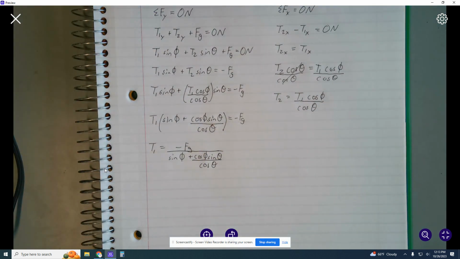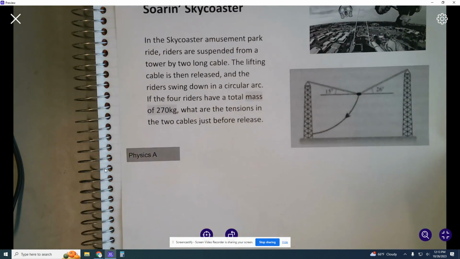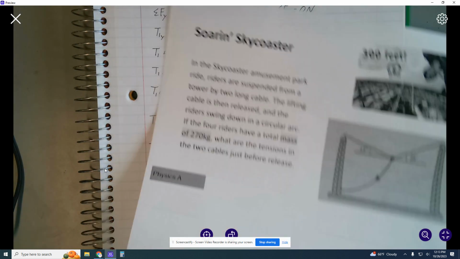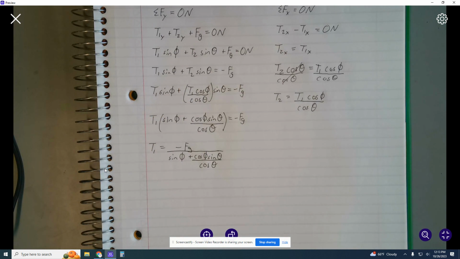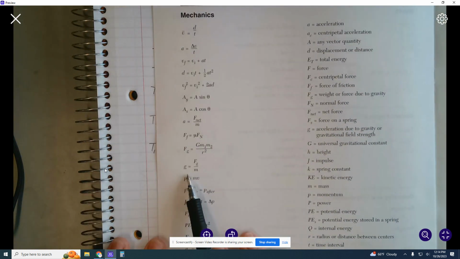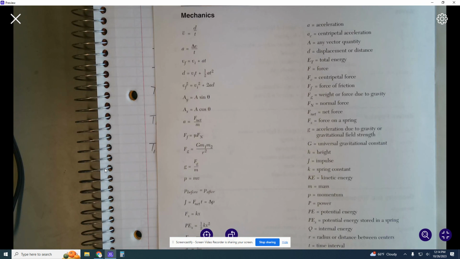What about FG? Remember, we weren't given weight. We were given mass. So our relationship that we use to calculate our force of gravity is shown here in the reference table as g equals Fg divided by m.